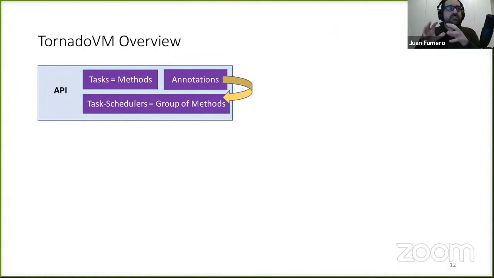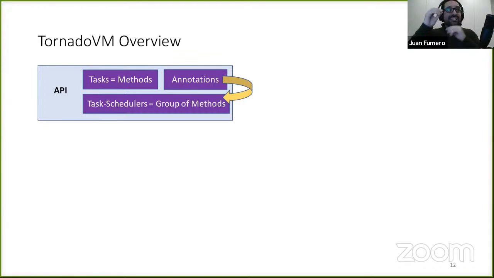Okay, so let's dig into that. How do you use Tornado? How can we run something in Tornado? For that, Tornado provides an API, and the API is quite simple. It provides what we call tasks. You accelerate tasks. Each task is the equivalent of a Java method, so we accelerate at the method level, like HotSpot.